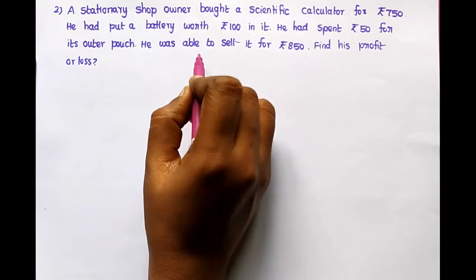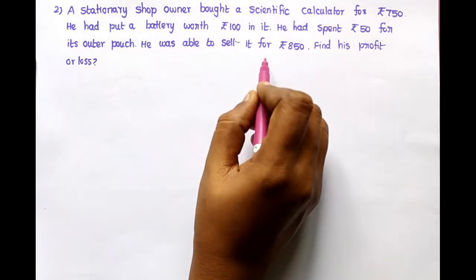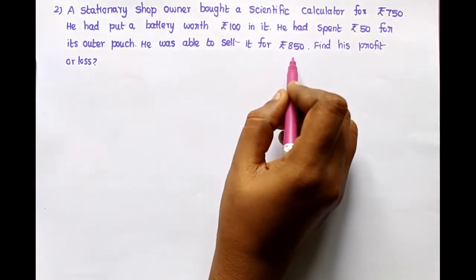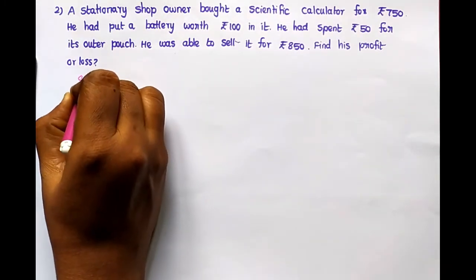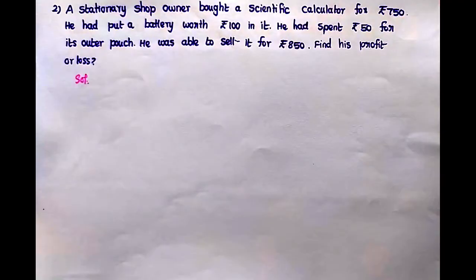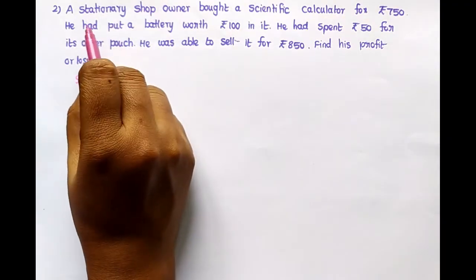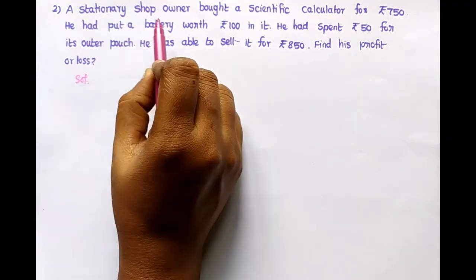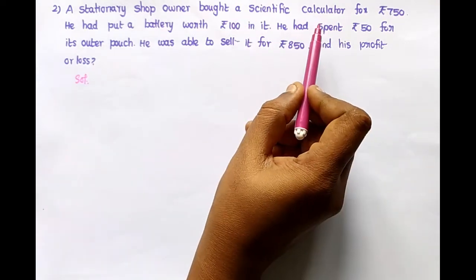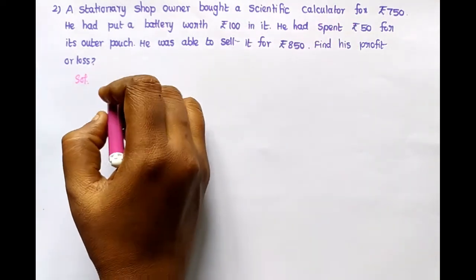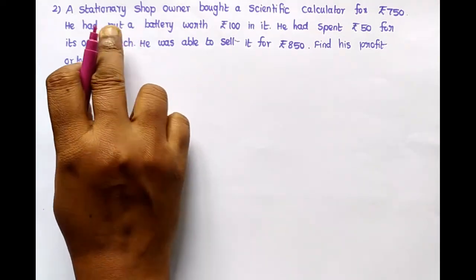He was able to sell it for rupees 850. So find his profit or loss. Listen. First, the stationery shop owner bought a calculator. How much? Rupees 750. So that is the purchase price.